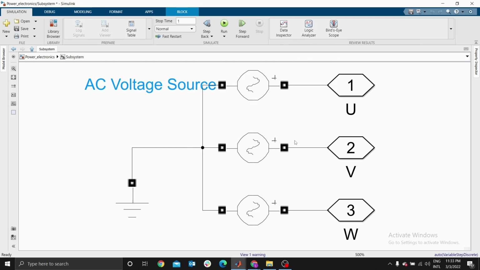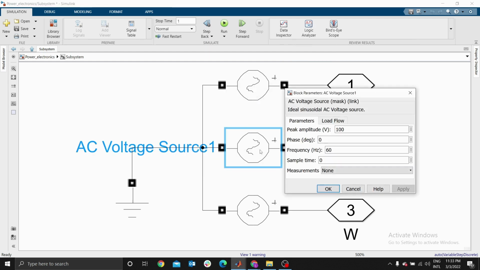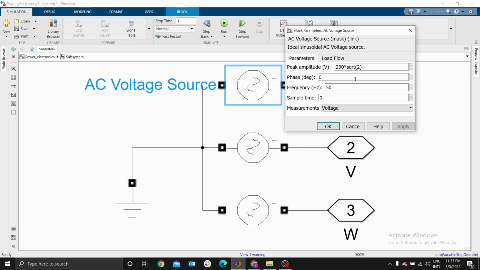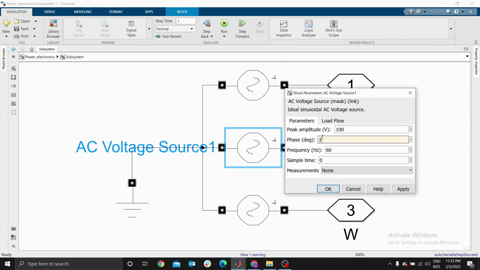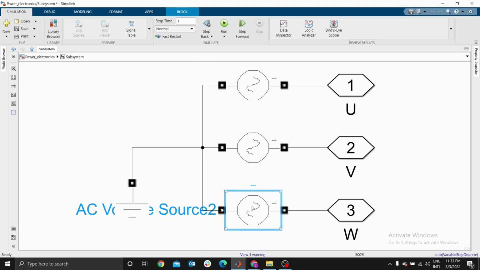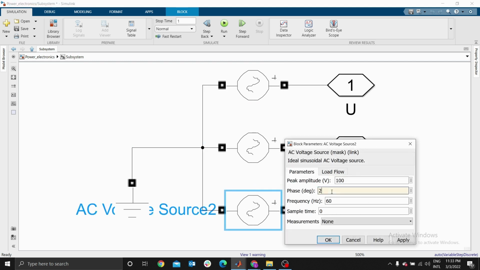Let me just copy this value to avoid repetition. The phase angle to be 0, but here to be 120. Don't forget that. Then here to be the same value of the voltage, the same value of the frequency. This one is usually 240.